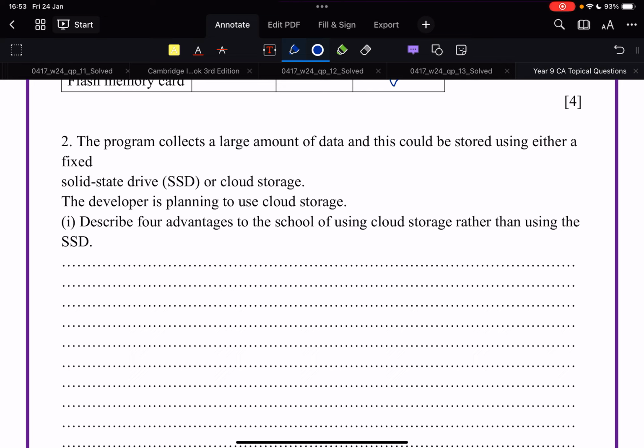Describe 4 advantages to the school using cloud storage rather than SSD. Now, this is something you see in chapter 4, cloud storage. Cloud storage is a method of data storage where data is stored on remote servers, and there are thousands of servers across.